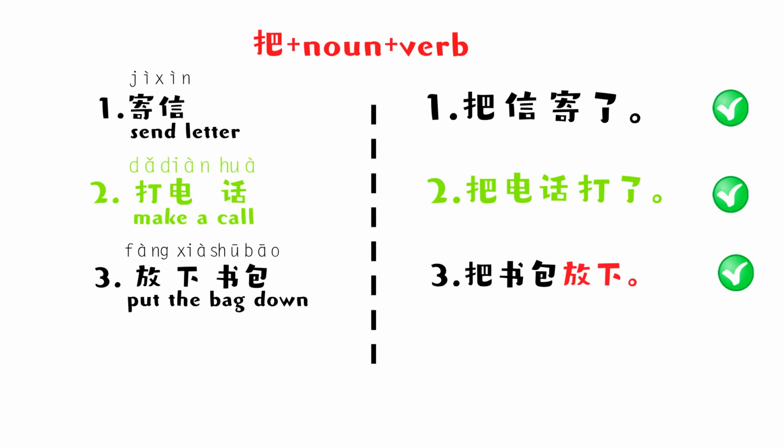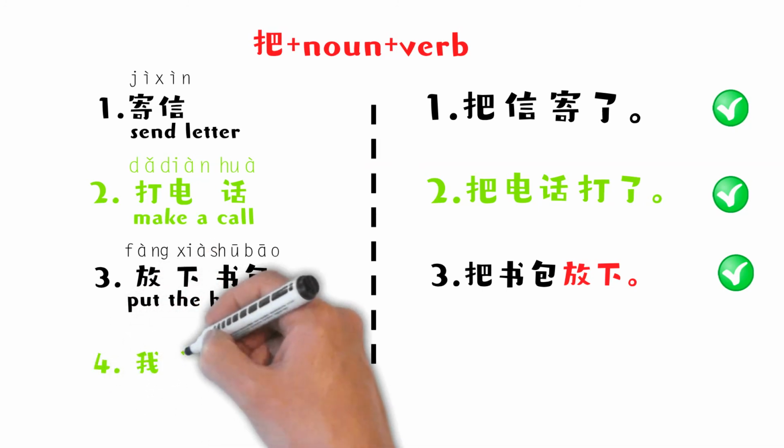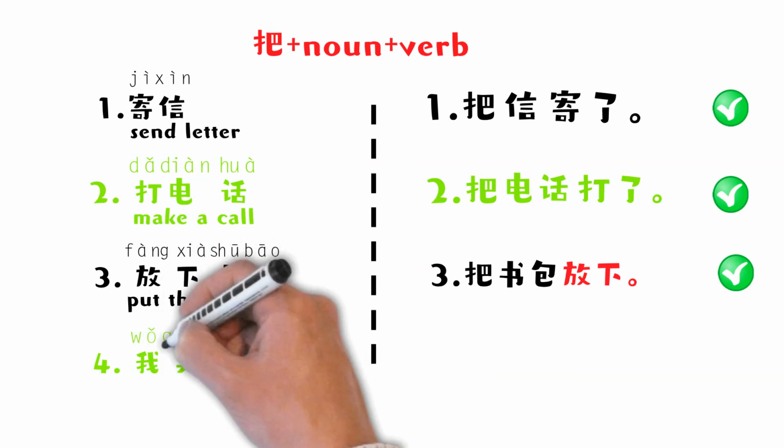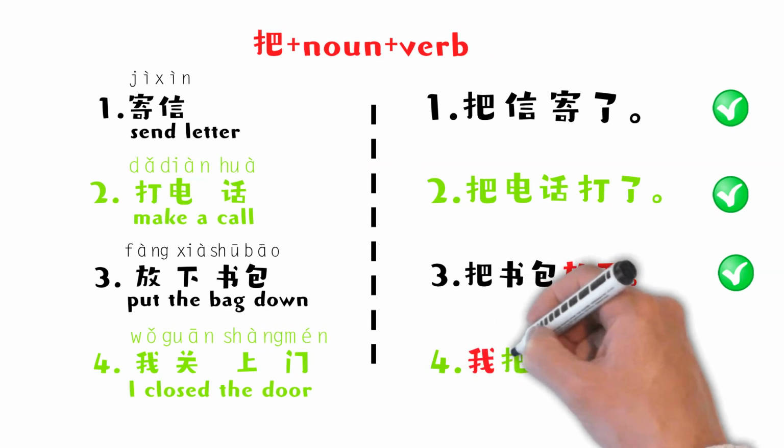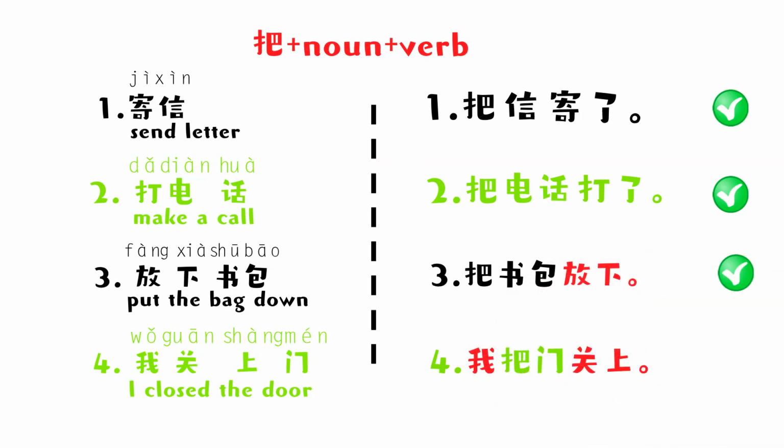Practice number 4. 我关上门. I close the door. The 把 sentence is 我把门关上. The only difference is that we put something at the beginning of this 把 sentence: 我.